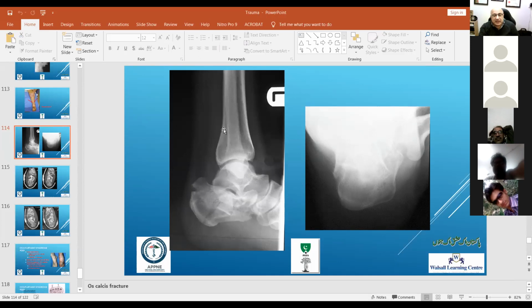You say that this is the lateral view of the ankle, which is showing a fracture of the calcaneum. You don't have to say what this is, because if you do, you're worse than an anatomy student; you should know what this is. So in the exam, come directly to the point if you know and you're happy with this. So this is an X-ray showing fracture of the calcaneum.